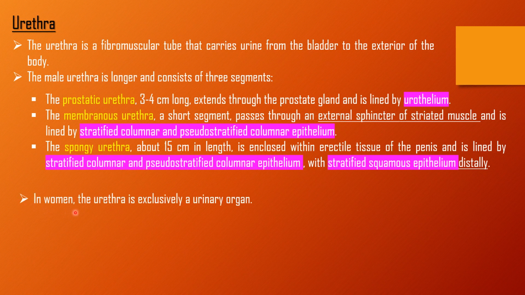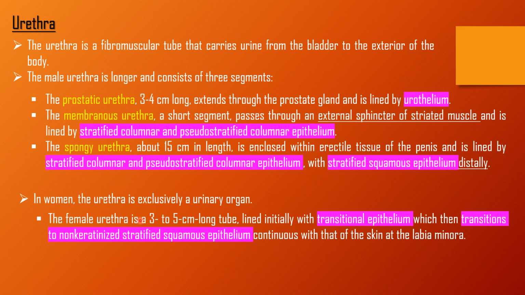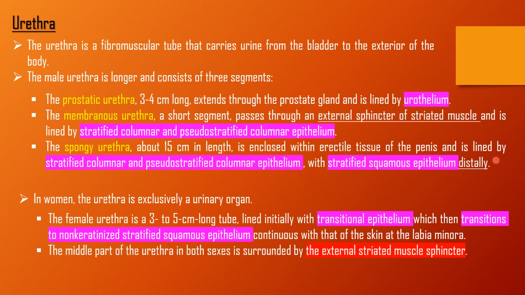In women, the urethra is exclusively a urinary organ. In female, urethra is 3 to 5 centimeter long tube lined initially with transitional epithelium, which then transitions to non-keratinized stratified squamous epithelium, continuous with that of the skin and the labia minora.